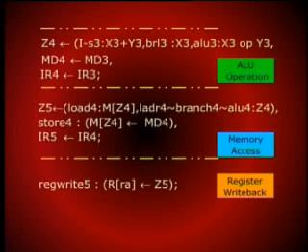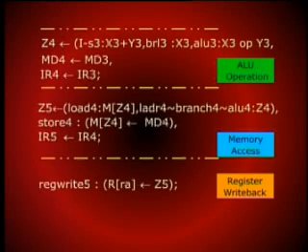The contents of MD3 are straight away passed on to MD4, and so are the IR3 contents moved on to the register IR4. The next, fourth stage is the memory access.